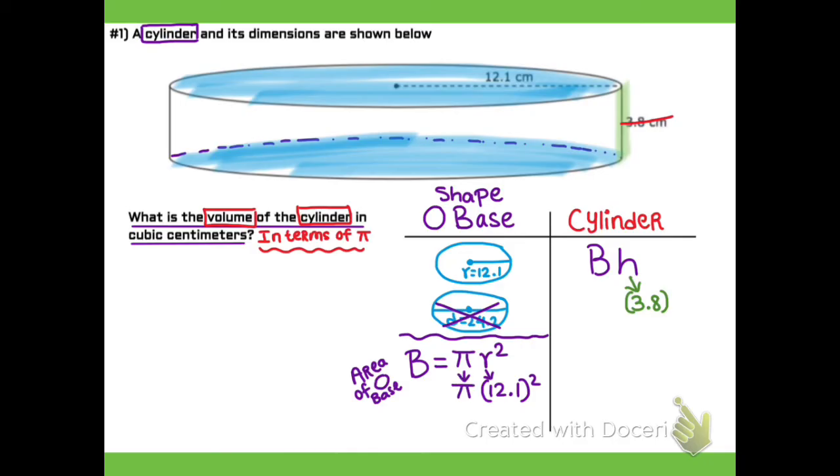Now, normally, you guys would have taken the pi and the 12.1 squared and plugged those numbers straight into the calculator to get a numerical answer, right? But this time, we're not going to touch pi. We're going to leave it as is, and we're just going to calculate what 12.1 squared gives you, okay?